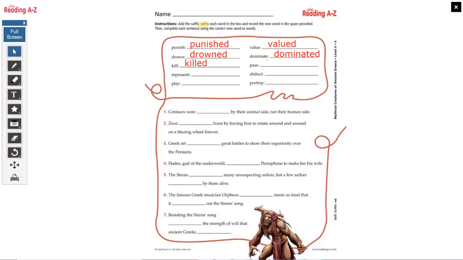So when you answer the question, like number one, centaurs were blank by their animal side, not their human side. So you're going to decide which word fits in there best amongst the words found at the top of this chart here, which I'll go ahead and fill in.